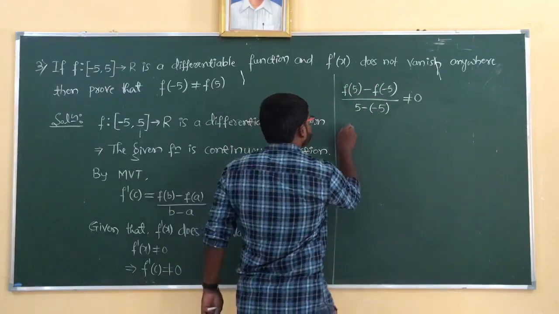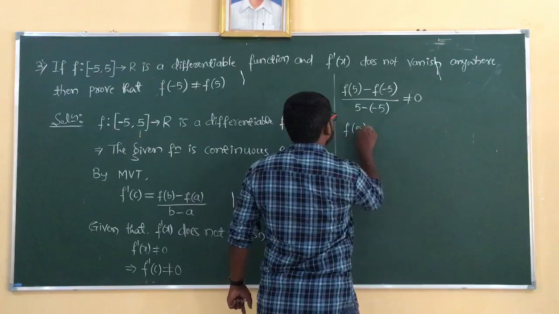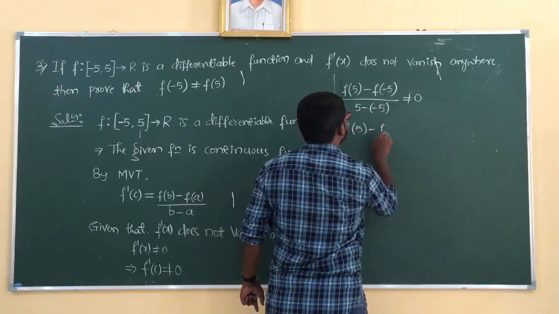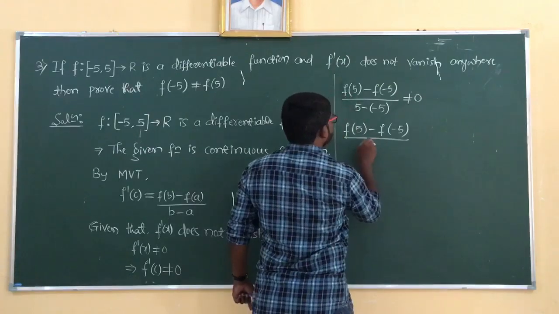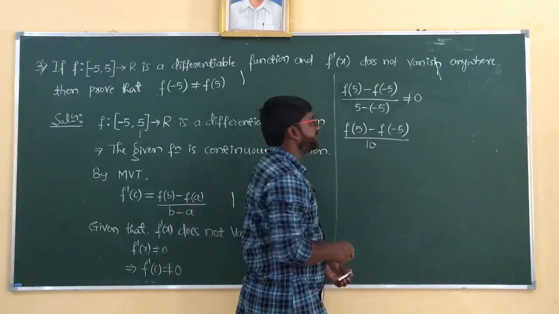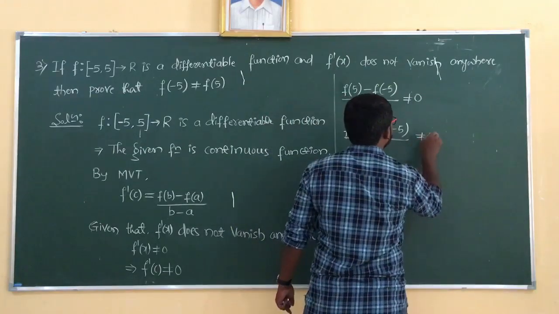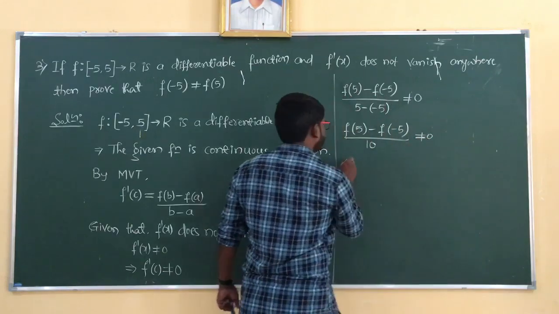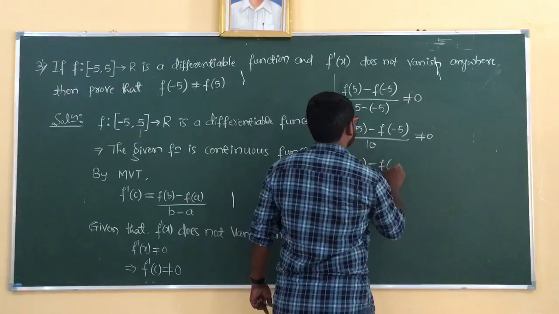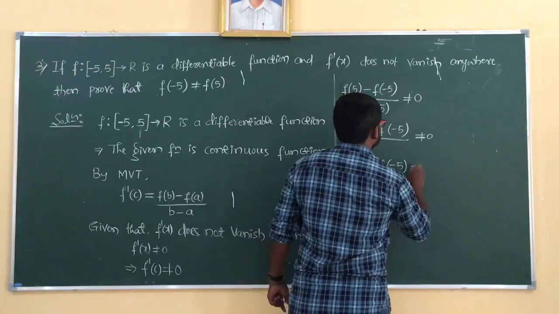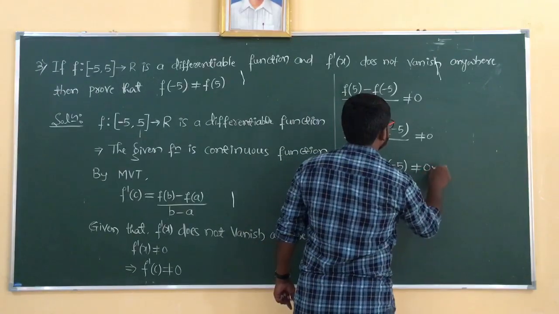So, now f of 5 minus f of minus 5 divided by 10, minus into minus is plus, 5 plus 5 gives us 10, which is not equal to 0. So, here f of 5 minus f of minus 5 is not equal to 0 into 10.